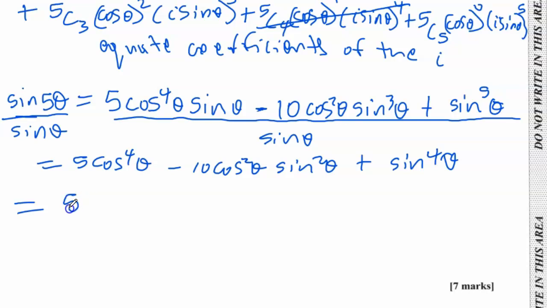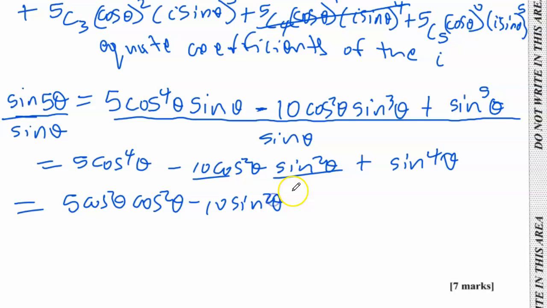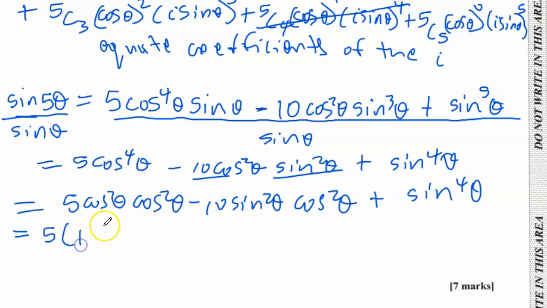This is 5 cos square theta times cos square theta minus, and then put the 10 on the sine square theta. So this is 10 sine square theta times cos square theta plus sine to the 4th power theta. Now remember, cos square is actually 1 minus sine square.